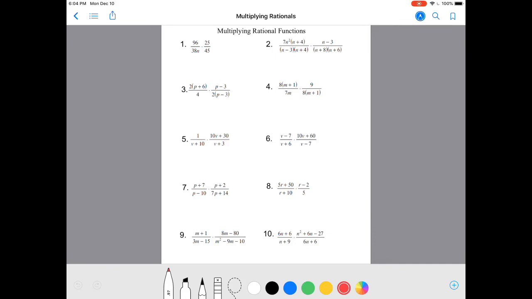Okay, so we're going to go over some select problems from this worksheet. Hopefully, if I go over enough different kinds of problems, it'll give you a good overview, so you'll feel okay to move on, because we will be talking about dividing the rational functions today as well.